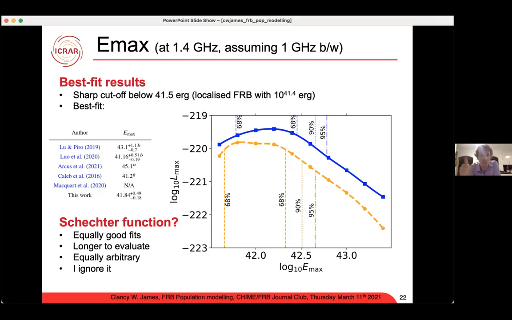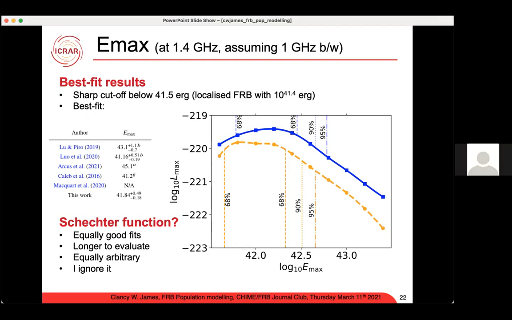Feel free to go ahead and use a Schechter function, but it's no more or less well motivated than a straight power law. And whatever you do, don't think that because you're using a Schechter function, you're using a well motivated function, right? So no matter which of these two choices people are using, they're equally arbitrary, could well be very wrong, almost certainly are wrong. So still keep putting up your hands and say, are you sure that's the right function, right?